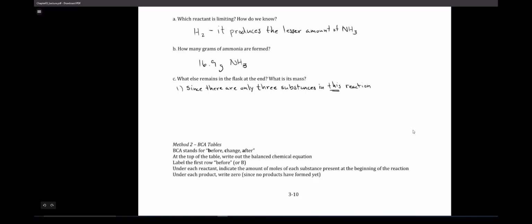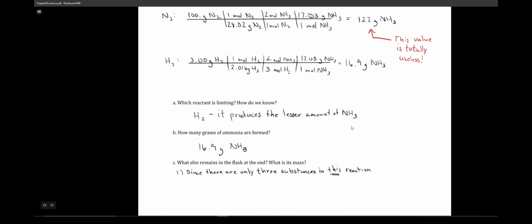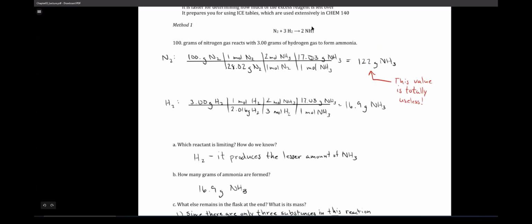And what do we know? We know the masses of how many of them? At the end, we know the amount of the ammonia, correct? And we know the total mass.